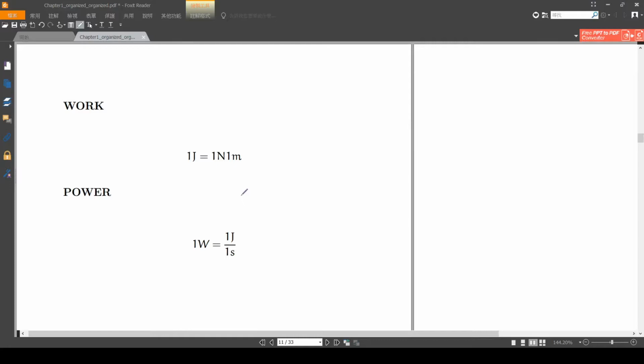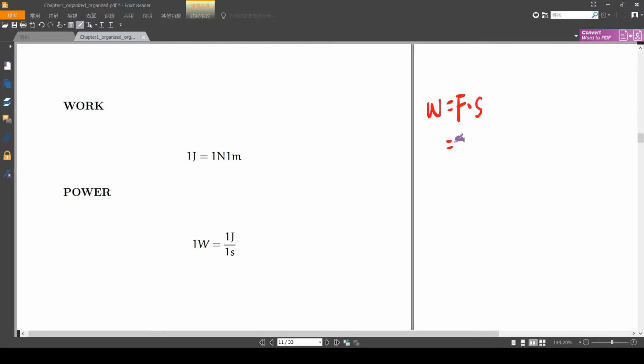And the next part is the work. Work is the product of force and displacement. Like what you have learned in your high school, the work, abbreviation W, is equal to the force times the displacement, right?